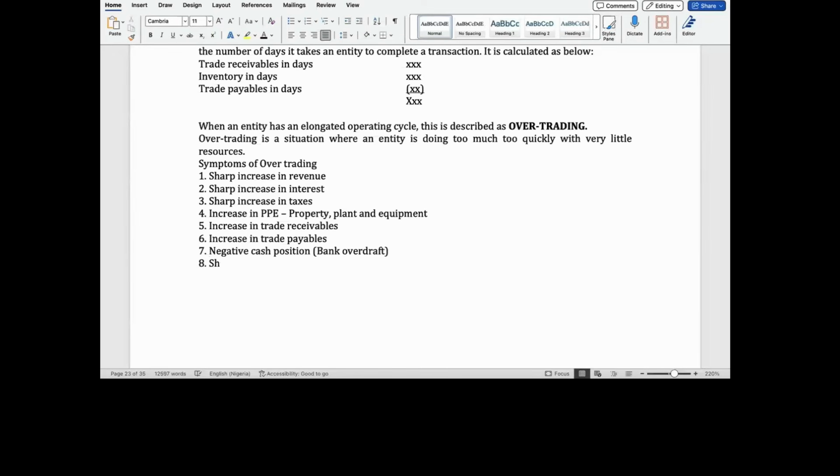They'll definitely resort to collecting loans like that. So basically, these are the indicators or symptoms you find on the accounts that make you say this company is overtrading.